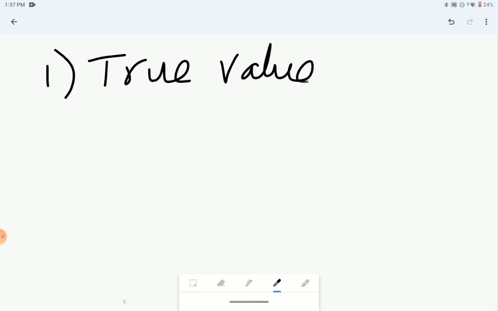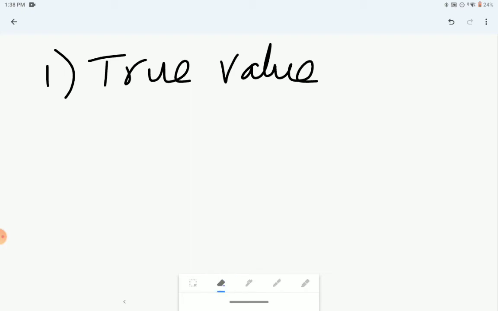If a physical quantity is measured n number of times, let those measurements be A1, A2, A3, and so on An, then the true value or mean value is the arithmetic mean of all those values. This true value is the correct value according to our prediction.